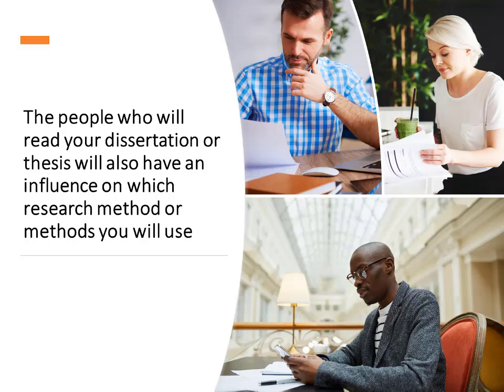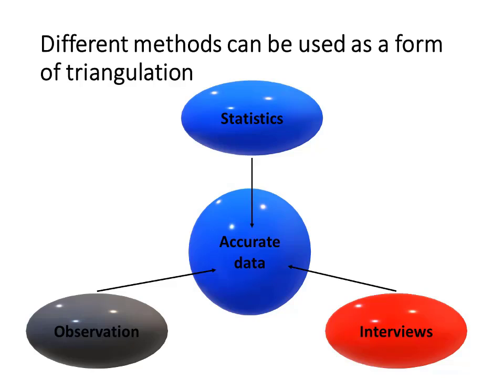The people who will read your dissertation or thesis, especially your sponsor but also your study leader, will also have an influence on which research method or methods you will use. Different methods can be used in the form of triangulation in the hope that the findings of the different methods will corroborate one another.